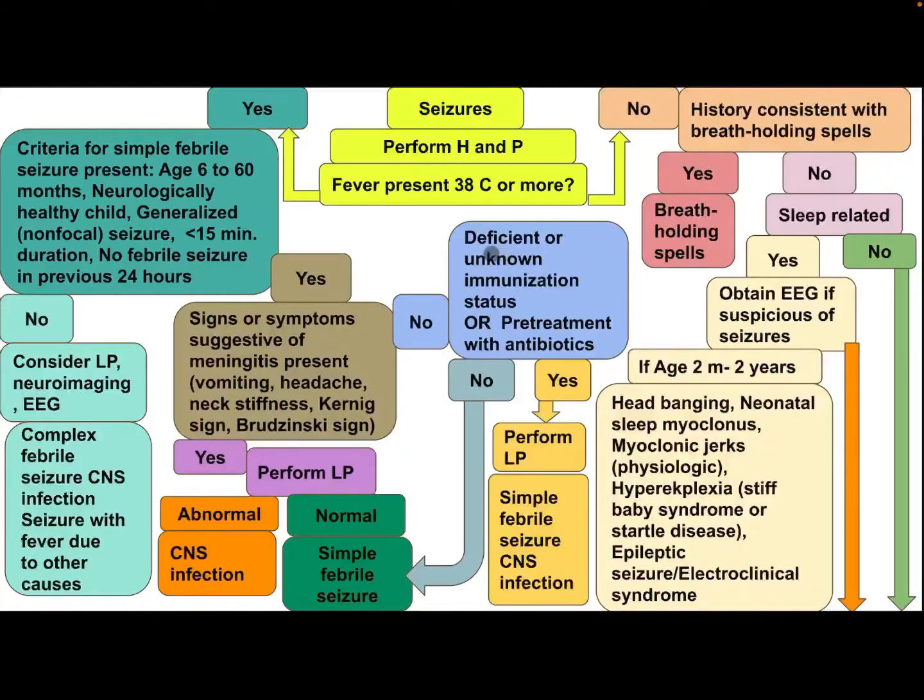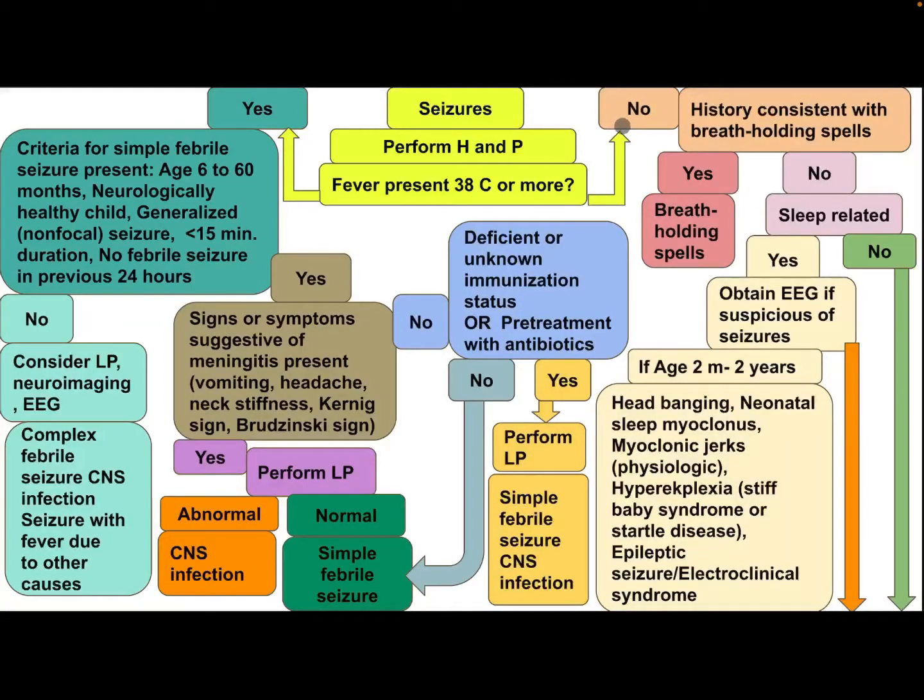If the patient has deficient or unknown immunization status or pre-treatment with antibiotic, if it is yes, perform LP. According to the result, it is either simple or CNS infection. If it is no, this is simple febrile seizure.